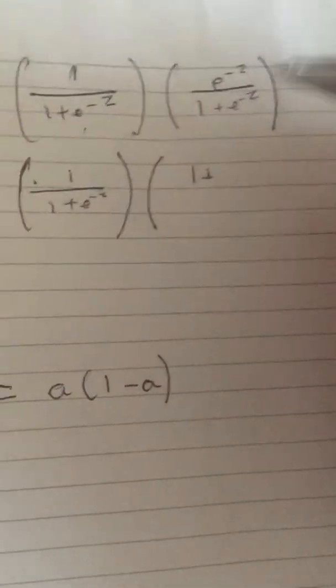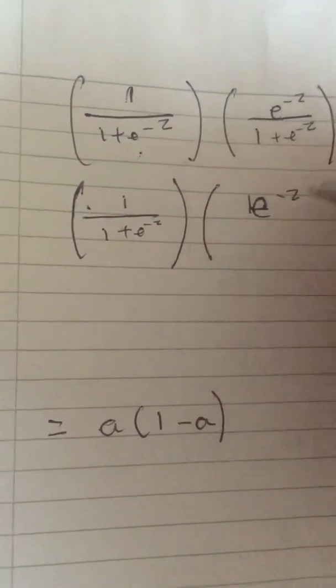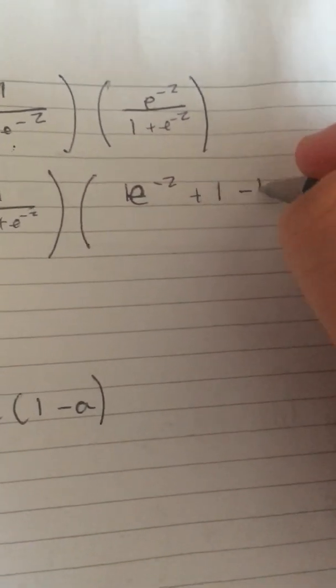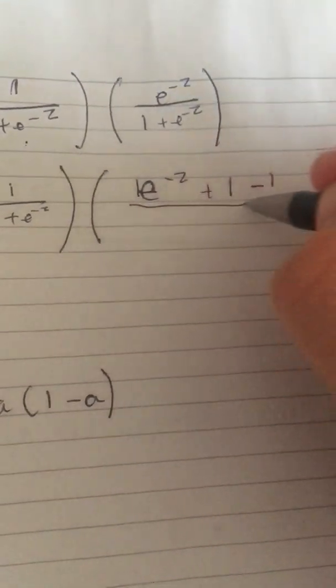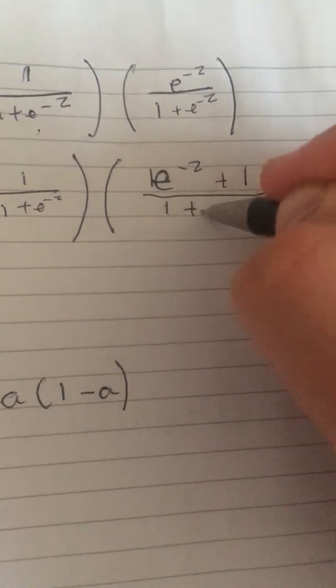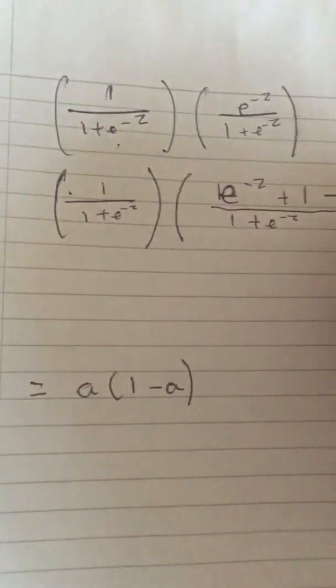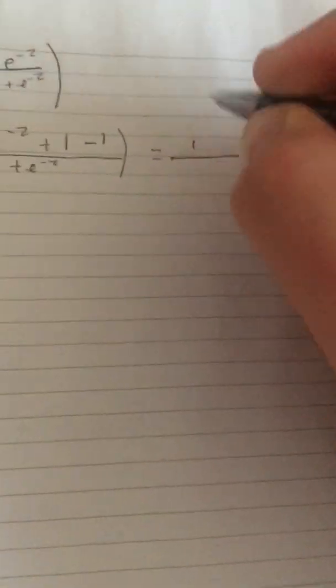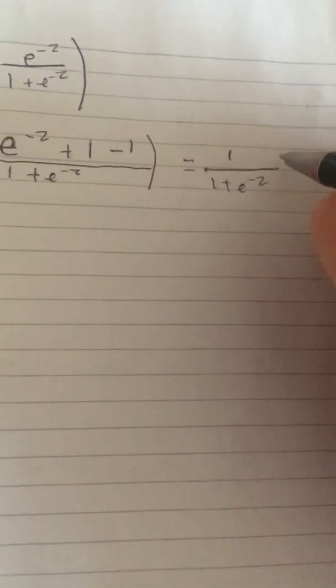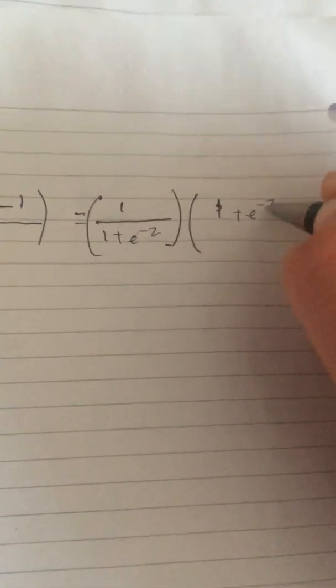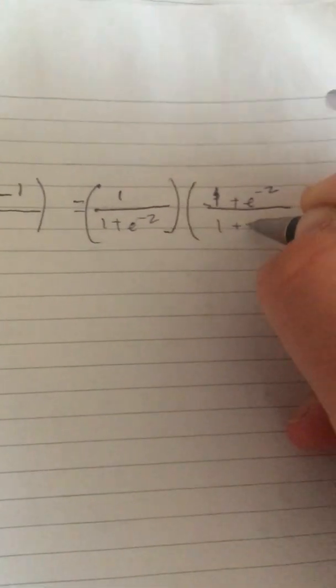1. We can write this as e to the negative z add 1 minus 1. Because if you add 1 and minus 1, it changes nothing to the value overall. Add e to the negative z. Which can also be written as 1 all over 1 plus e to the negative z multiplied by 1 plus e to the negative z all over 1 plus e to the negative z.